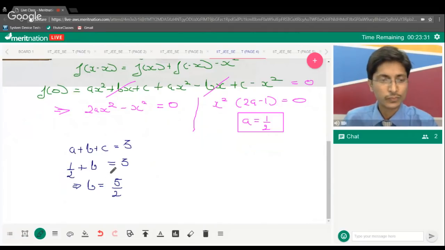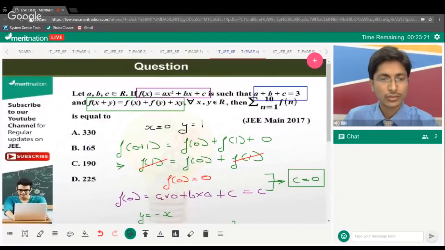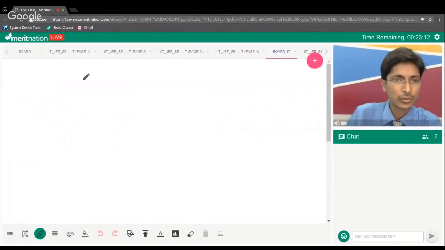Now we have got all three values of a, b, and c. So now our question was summation n equals to 1 to 10 f(n).